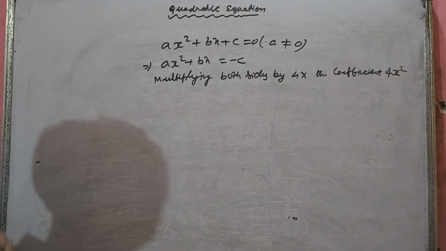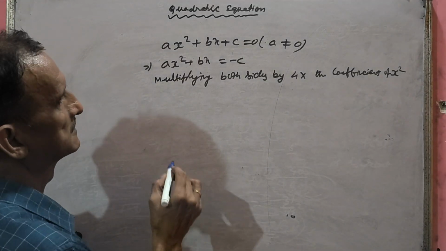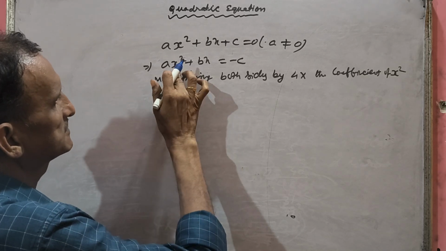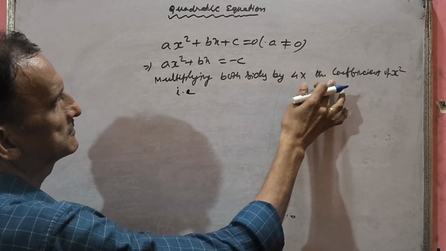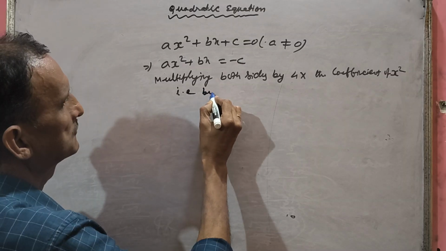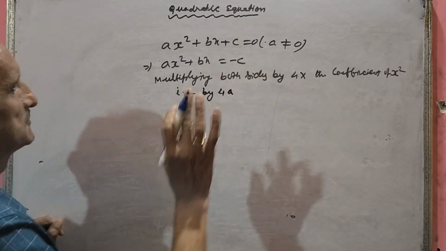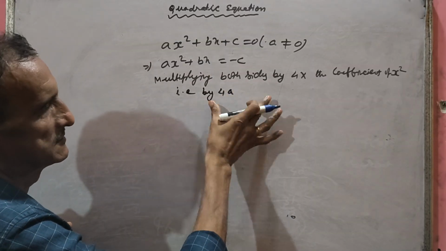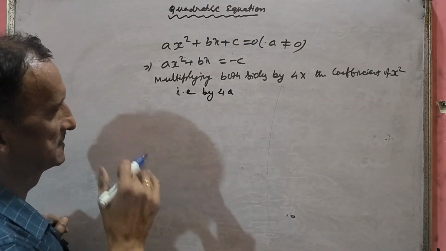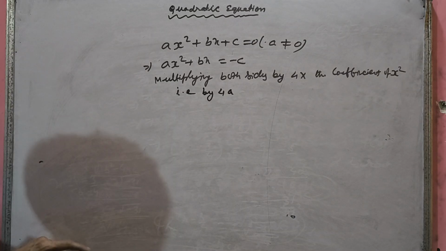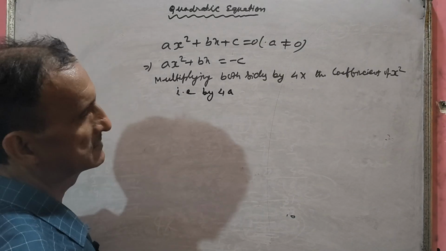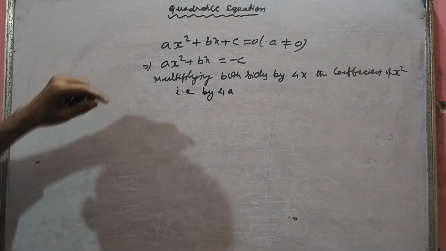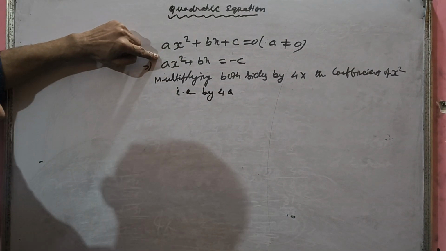What is the coefficient of x square here? a. So 4 into the coefficient of x square, that is 4a. Multiply both sides by 4a. This is only what he told. Still we know the name, Sridharacharya. He told that any quadratic equation you are going to solve by the completing square method, you should multiply by 4 into whatever is the coefficient of x squared.